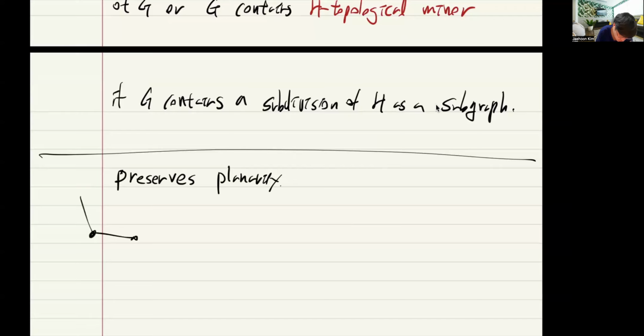Contraction as well: you have a plane embedding, then you just shrink this edge into one vertex, one point. And while you're doing that, you might want to delete this edge. Depending on whether you decide to keep the multiple edges or not, you might have to delete some edges.